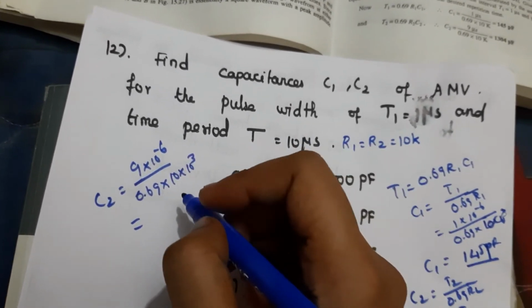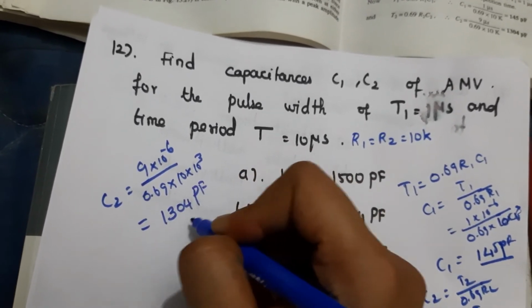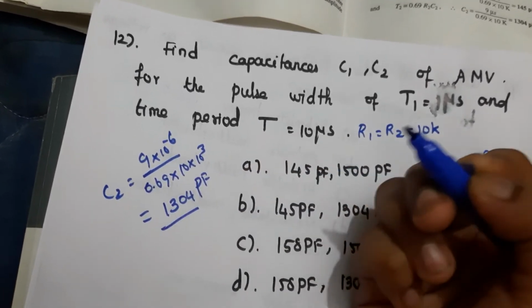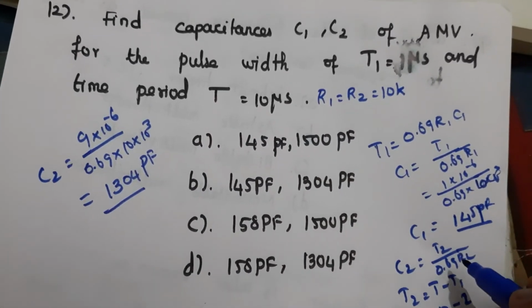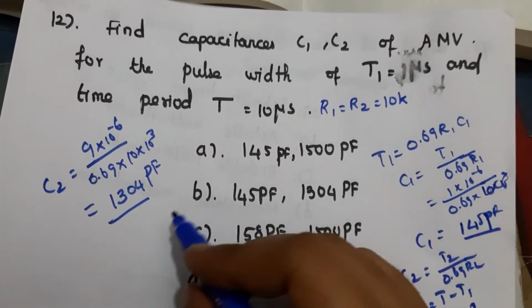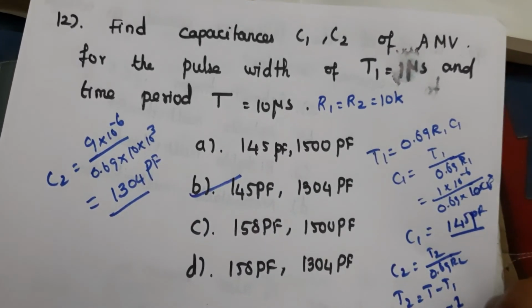Solving this, we will get 1304 picofarad. This is the value of C2. So C1 value is 145 picofarad and C2 value is 1304 picofarad. So here the answer is B.